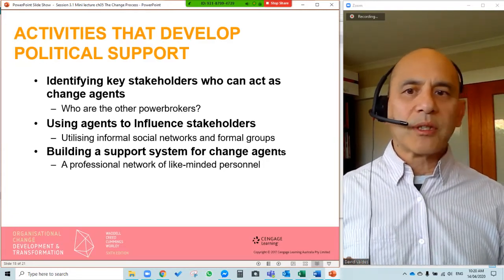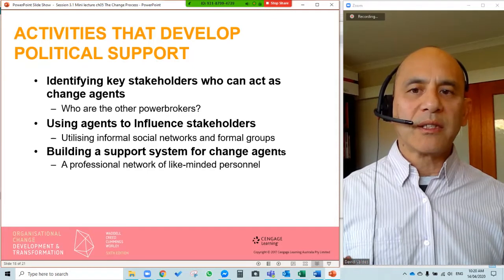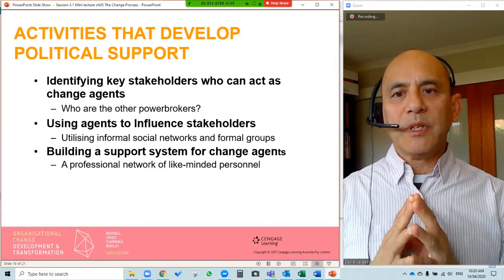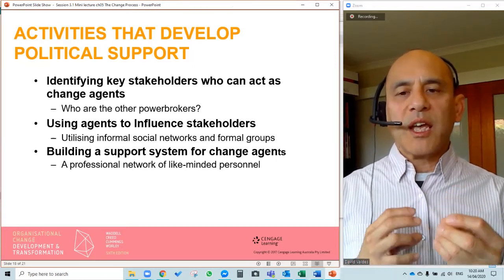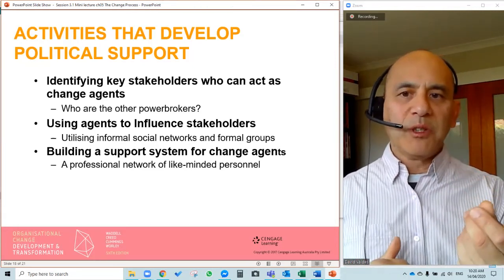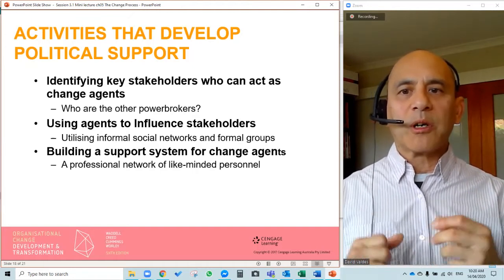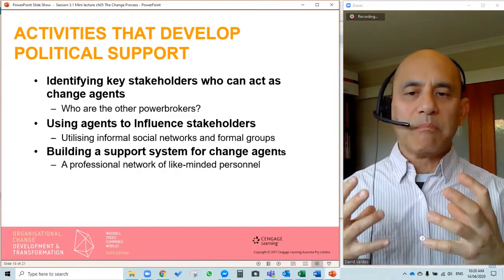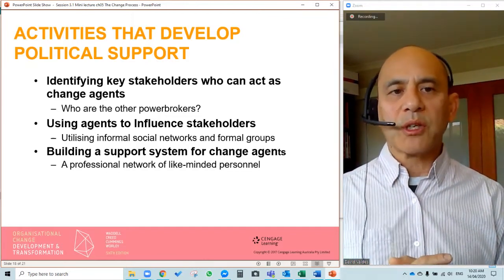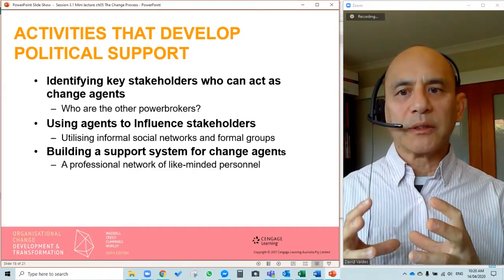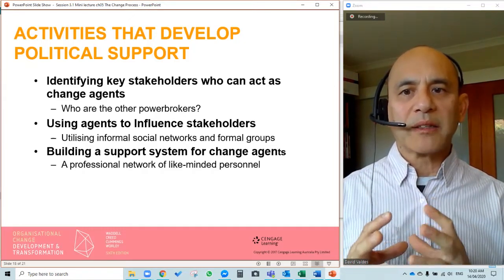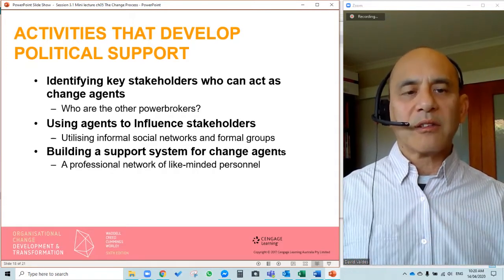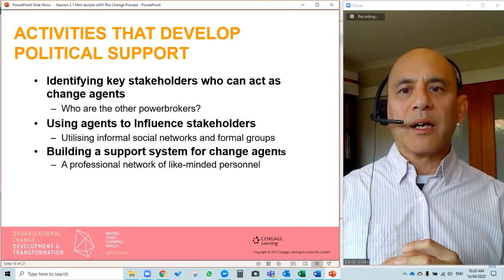An example of this is a few sessions ago, we had this case study called ACME, wherein the OD consultant was able to get a well-respected individual within the company to help her implement the change. And that was a big part of why they were successful, because she had that stakeholder, that employee, a very well-respected, many years in the organization, who basically helped her get the employees together to do team building, etc.